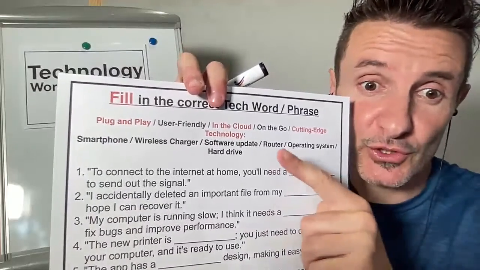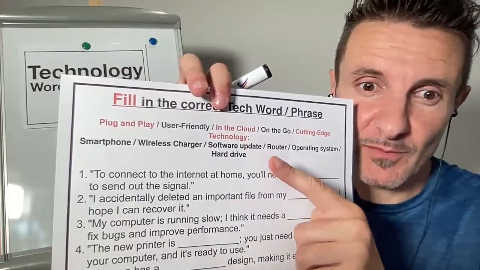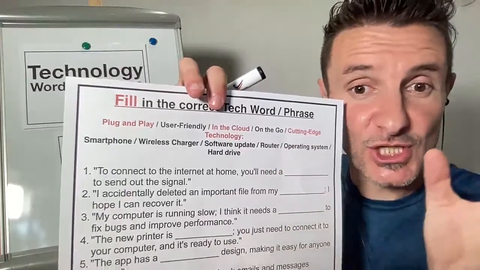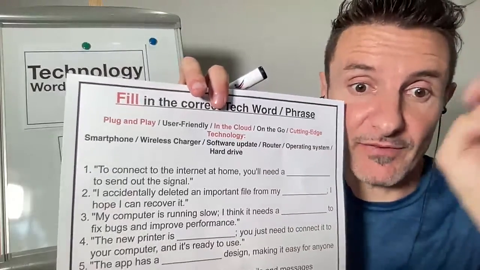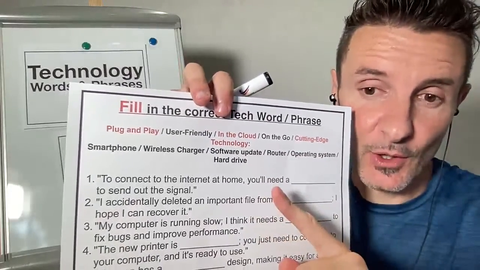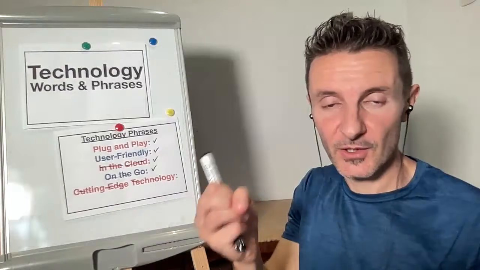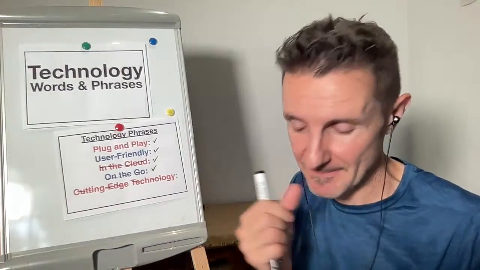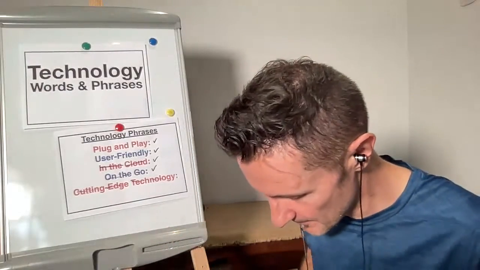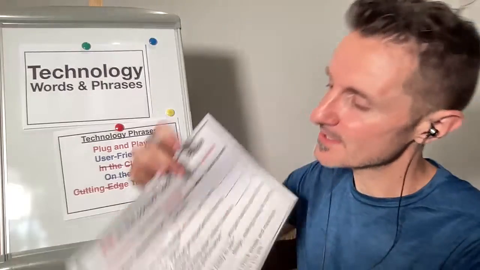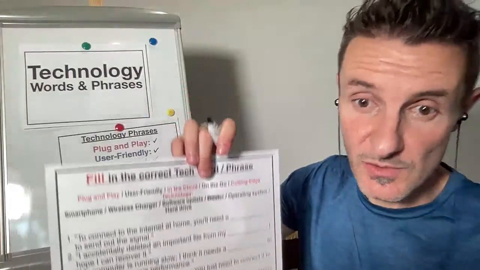You need a router, guys. If you remember, a router is the machine that sends the Wi-Fi, that sends the internet at home. So router is the correct answer. You need a router to get Wi-Fi on your computer so you can go on the internet. Okay, so I'm going to cross out router here. So you can see I've crossed out router here, so we're not going to use that one again.